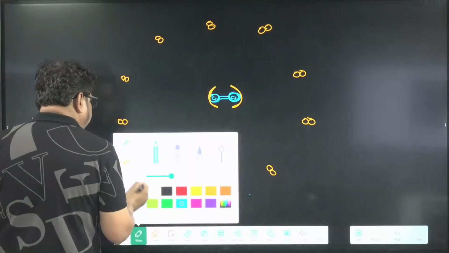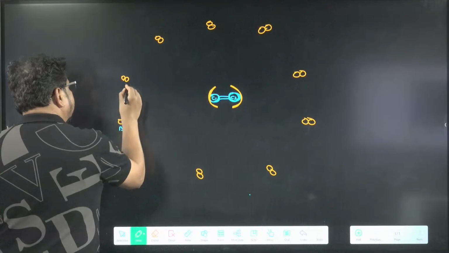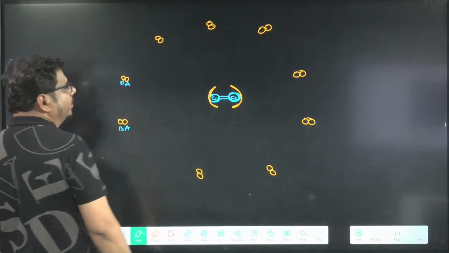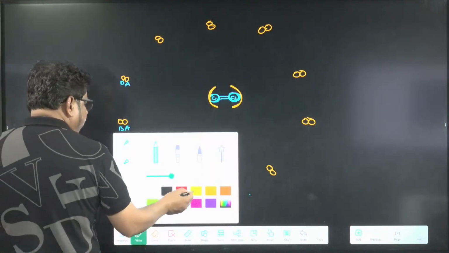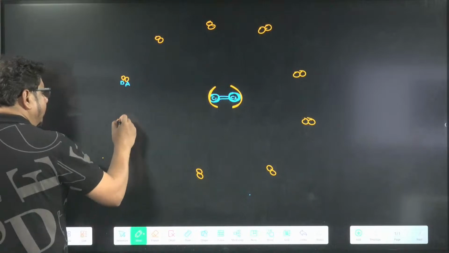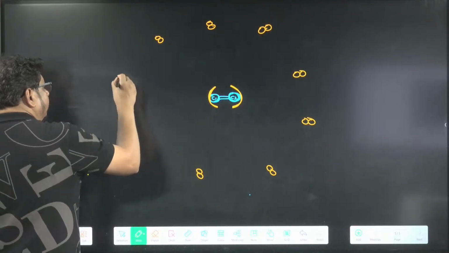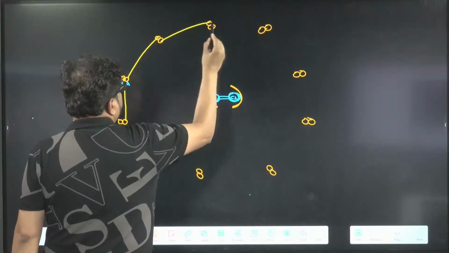And each doublet, you better know, is made up of which one? A, B. AB microtubules. Got the idea? A and B are there. So what you will find is that the A of a doublet is joined with the B of another doublet with a linker called AB linker.